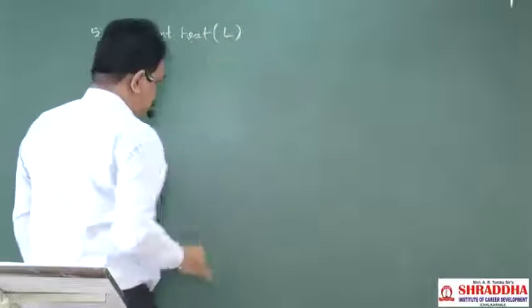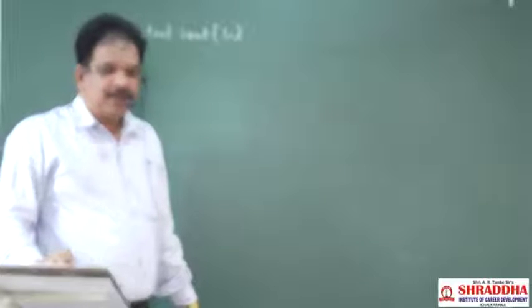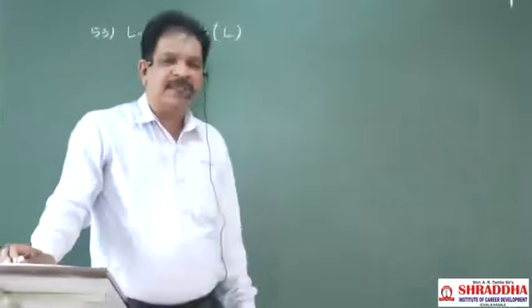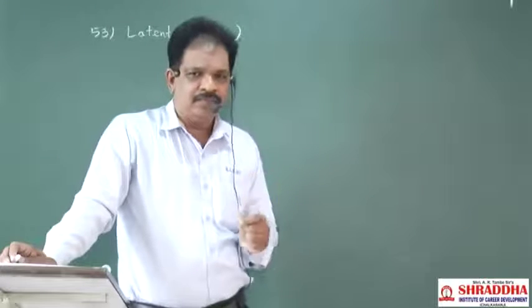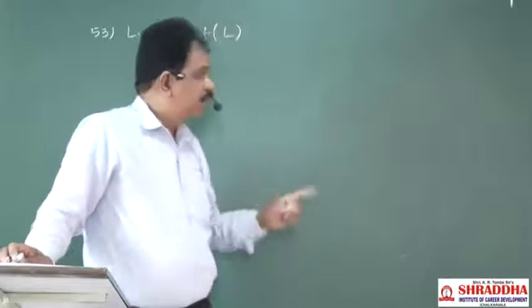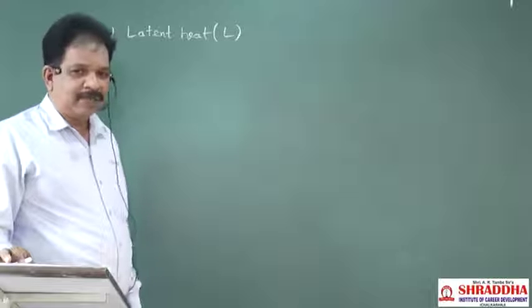This is indicated by the letter capital L. Already I told you, different quantities may also have the same symbol, very few. Angular momentum, capital L symbol. Latent heat symbol will also be capital L, but those are different.